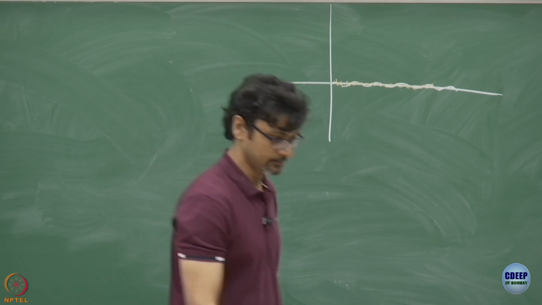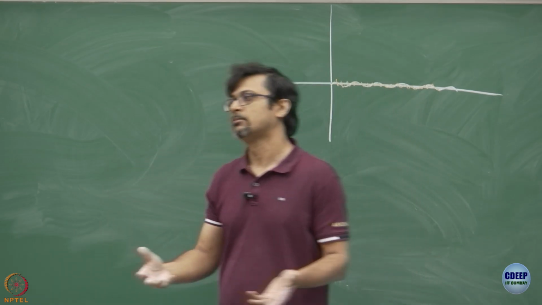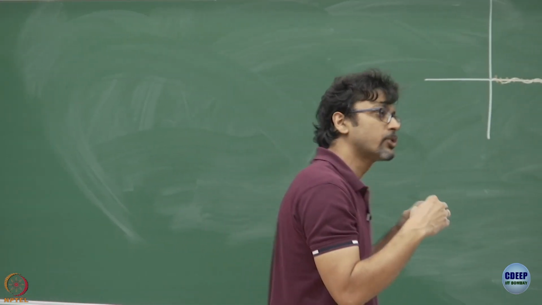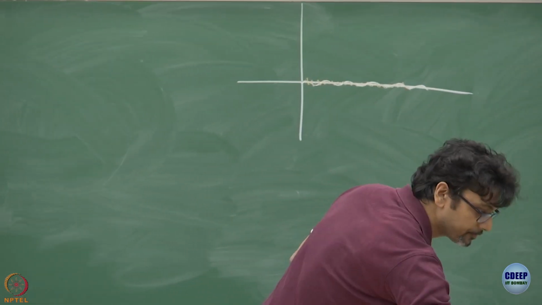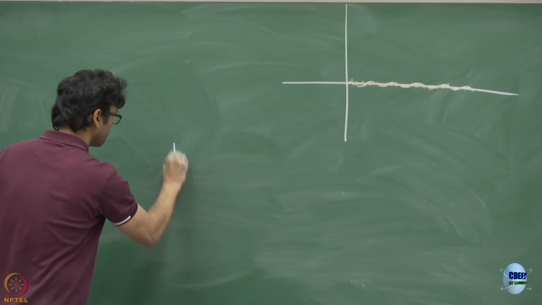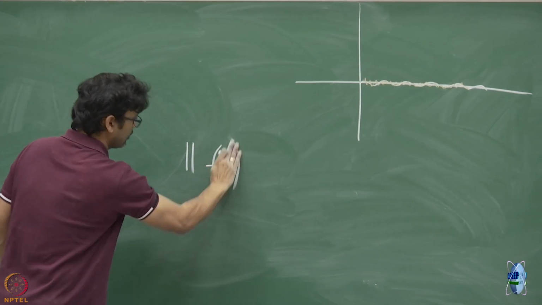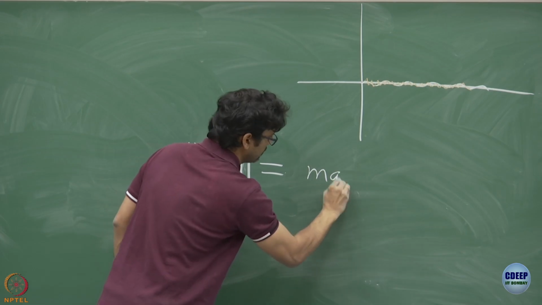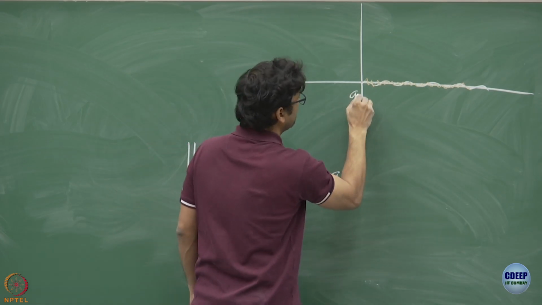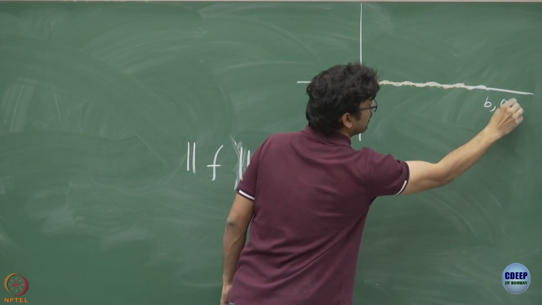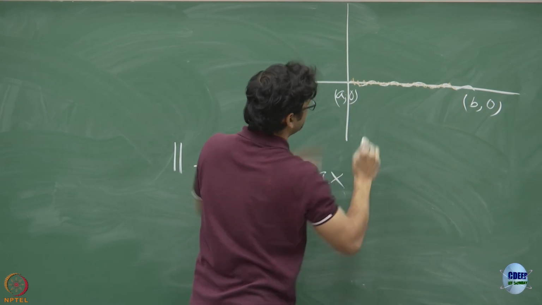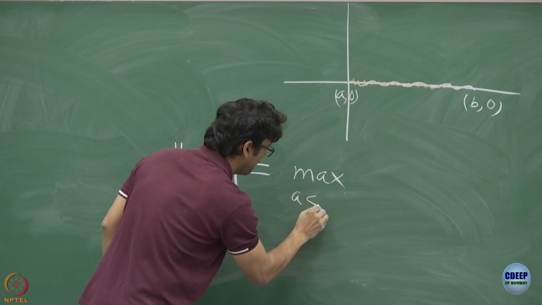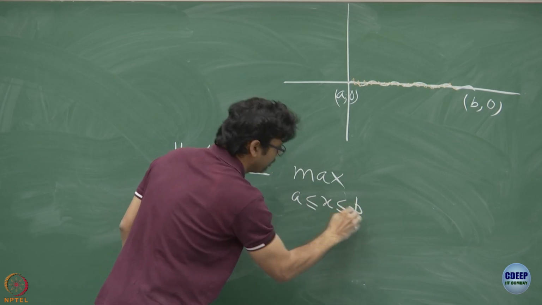If you look at them as continuous functions, where the idea of distance between functions is given like so, let us say over an interval a to b. So this is a point (a, 0), that is a point (b, 0), so that is your domain. So max over a to b.